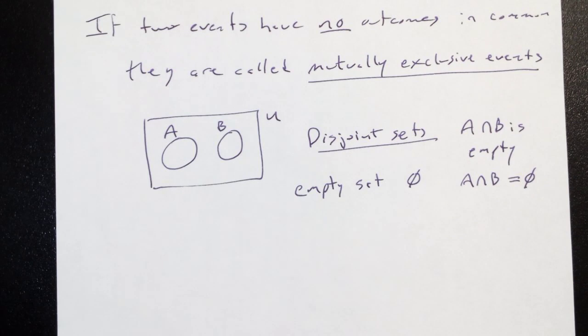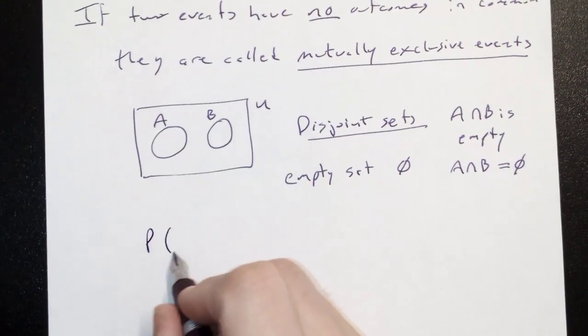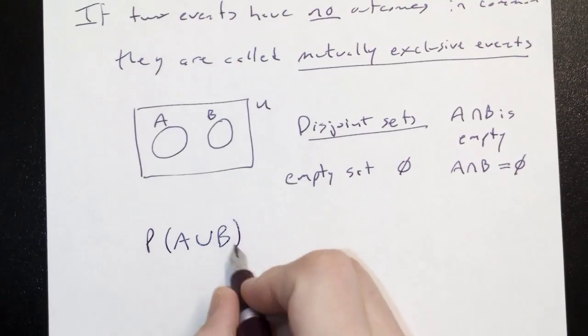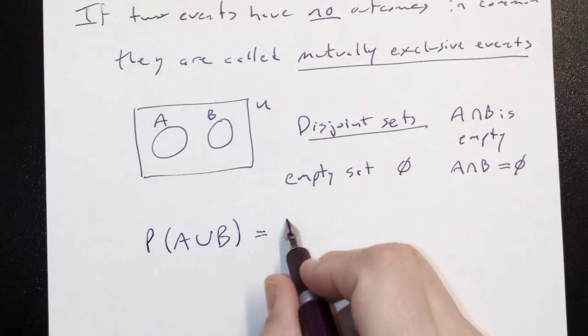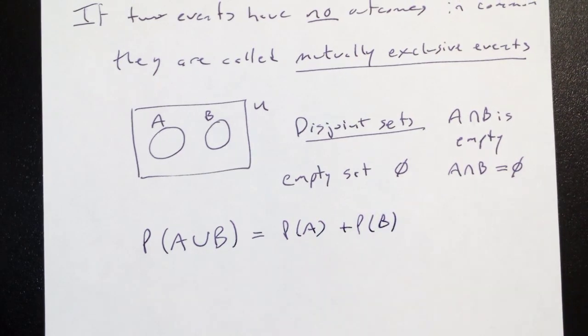Now, if that intersection is empty, that means that the chance of being in that intersection is zero. And that means that I can write this. The chance of A or B is the chance of A plus the chance of B minus the intersection. But the intersection is zero.